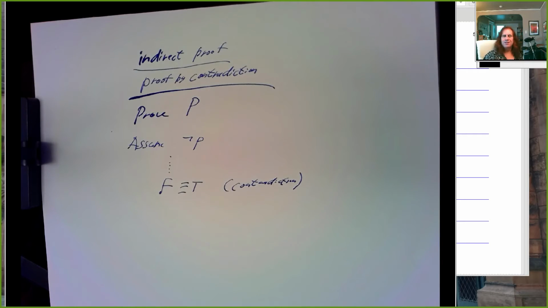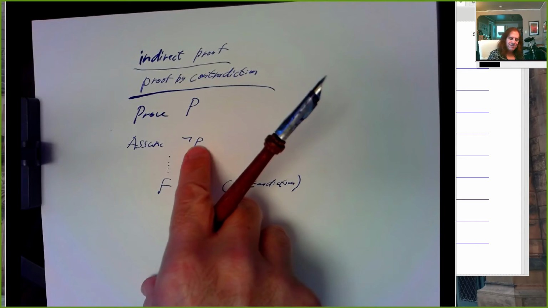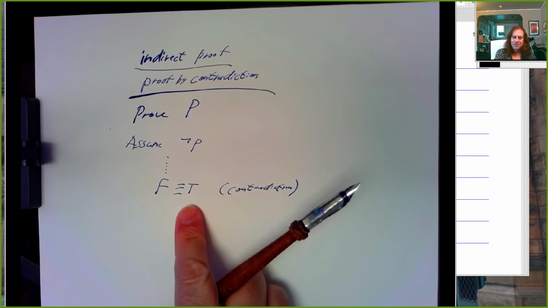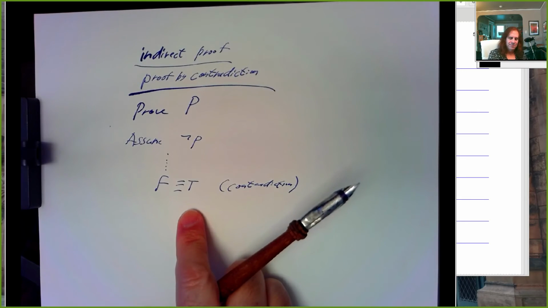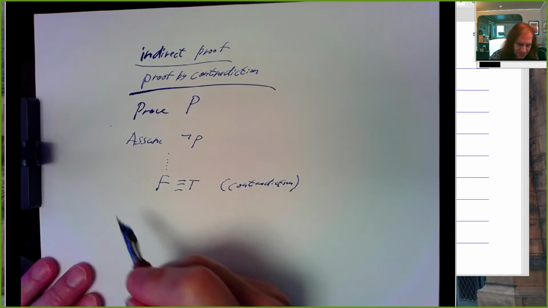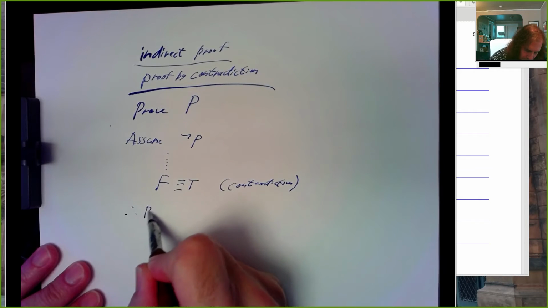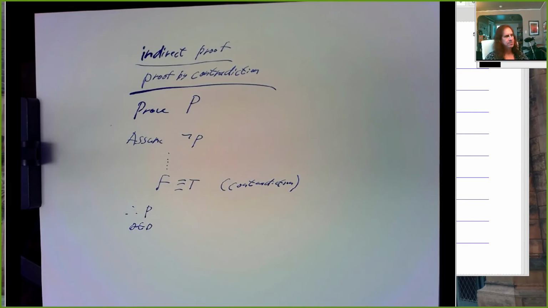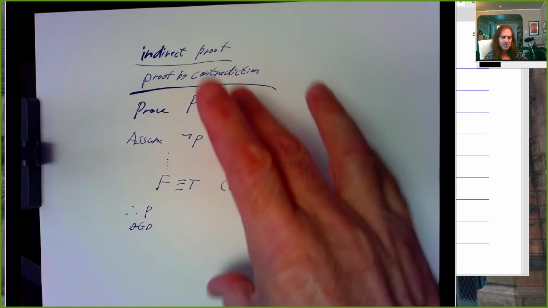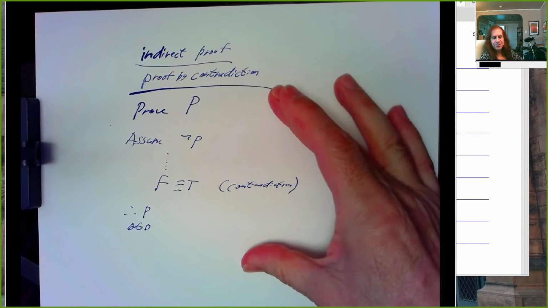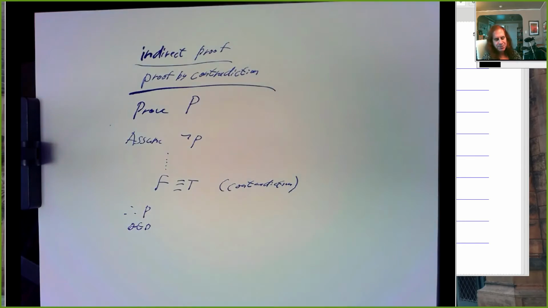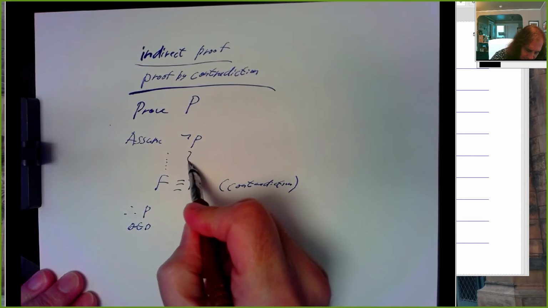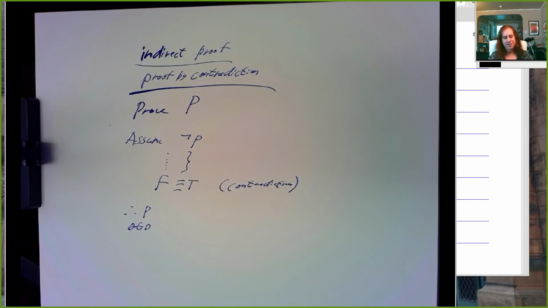And now we make the following statement. If P is false, we get something ridiculous. So P must actually be true. And this is basically what a proof by contradiction or an indirect proof will look like. You need to fill in the stuff in here that gets you to false equals true.